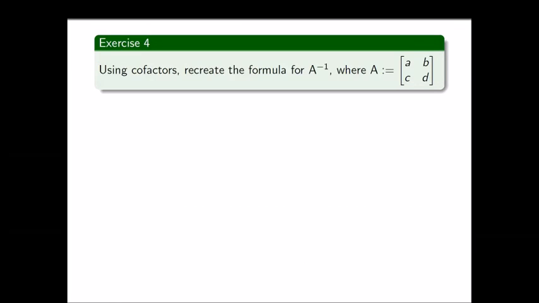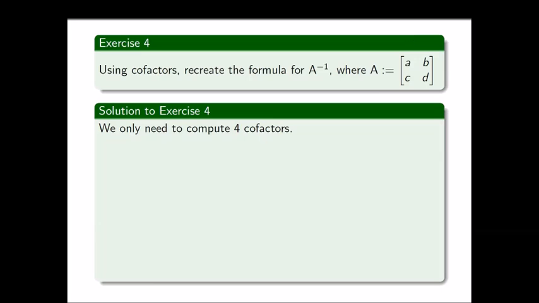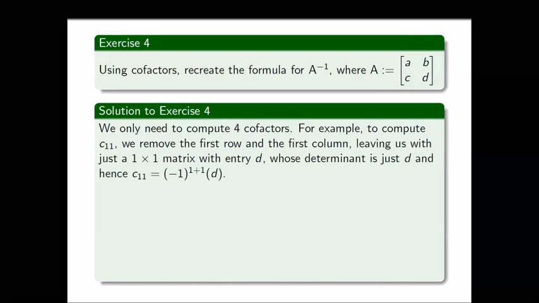I want to finish this episode with a small exercise. We're going to use cofactors to recreate the formula for A inverse if A is a 2 by 2 matrix. Because this is a small matrix, we only need to compute 4 cofactors, and even the computation is not hard.